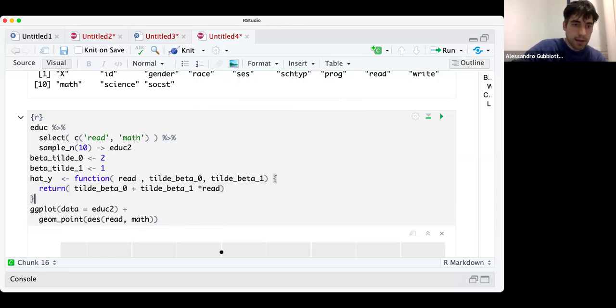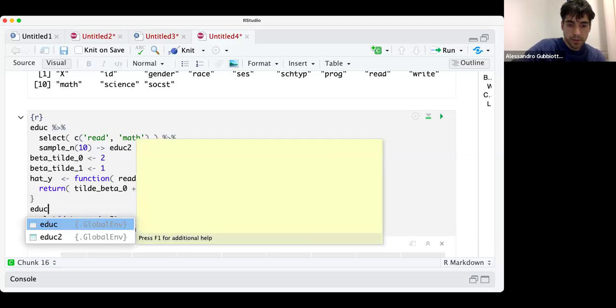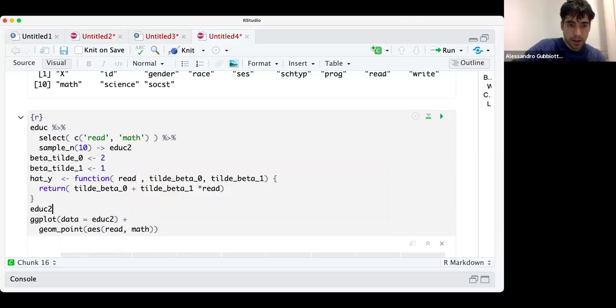And we add to the column educ2 the prediction made with this hat y. So let's take data, educ2 predictions.